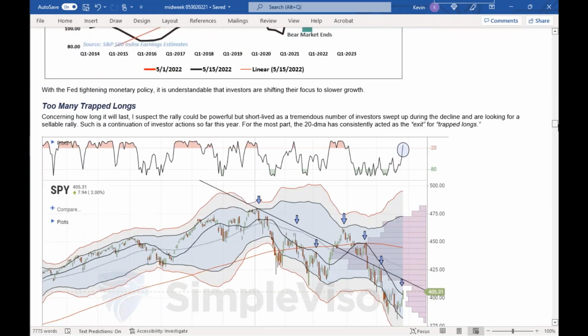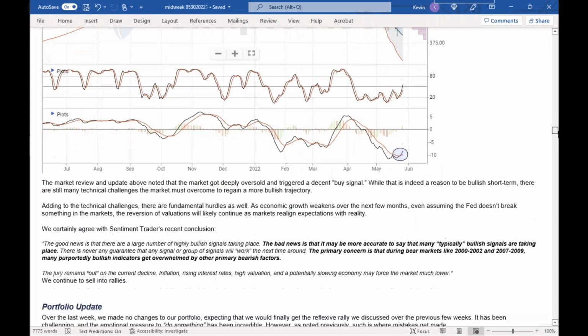Couple interesting thoughts. Too many longs are trapped, meaning that most people are looking for an out for some of their losing positions. And I did find it somewhat interesting that they made the comment, so many longs are trapped.